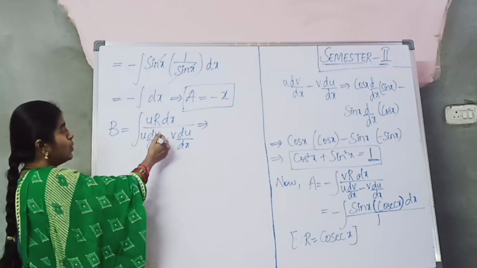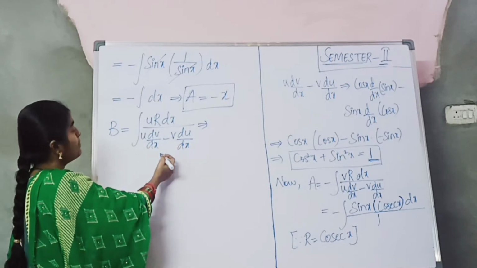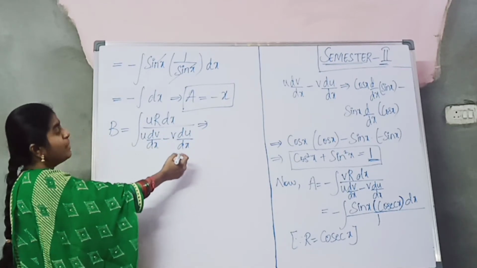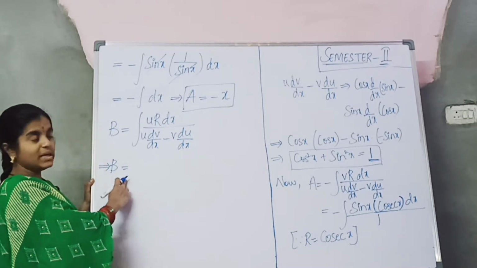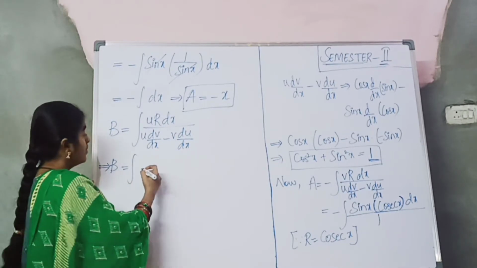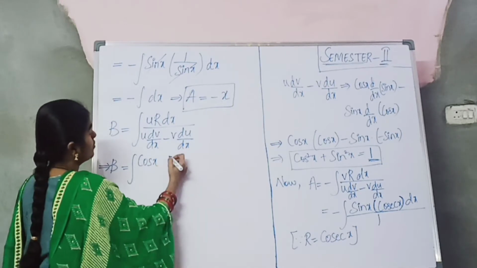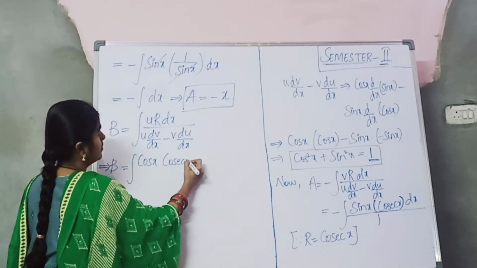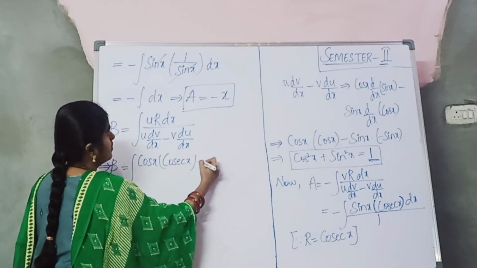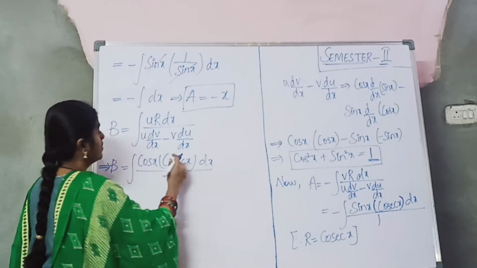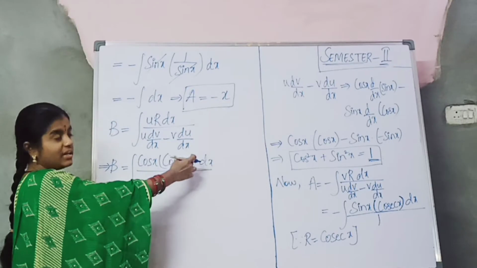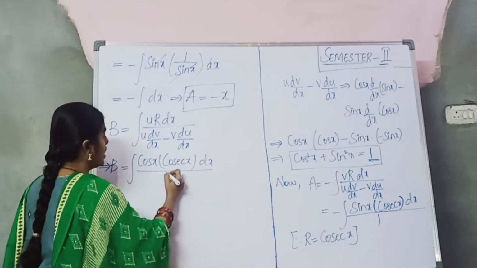Now let us find the value of b according to this formula. b equals integral of r dx by u dv by dx minus v du by dx. So b equals integral of, what is the value of u? Cos x. r means cosecant x, into dx by, what is the value of u dv by dx minus v du by dx? 1.